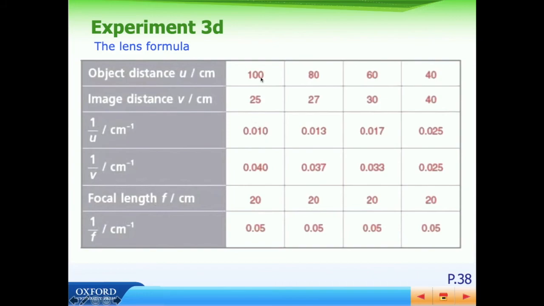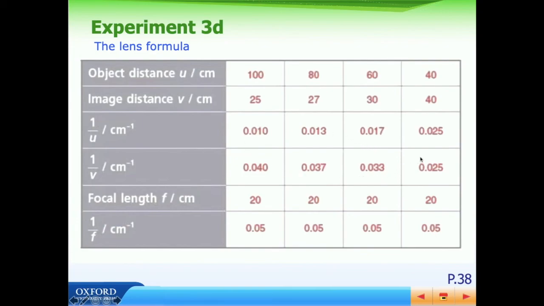0.010 for our 100 object distance, that is the reciprocal for that. And for the 25 image distance, the reciprocal is 0.040. Also here on this other data, we have the following value.